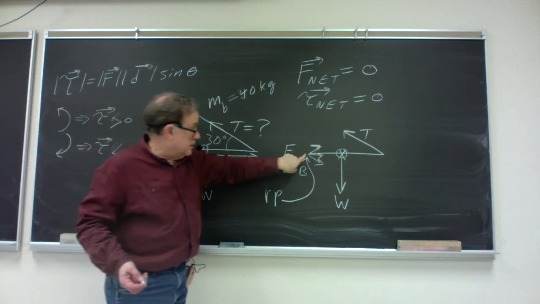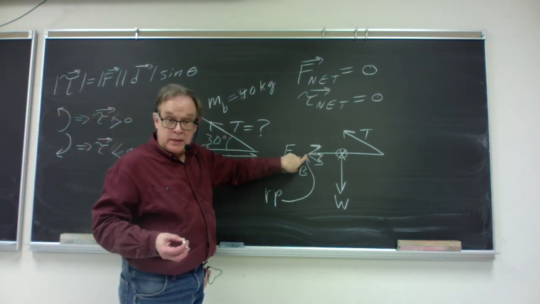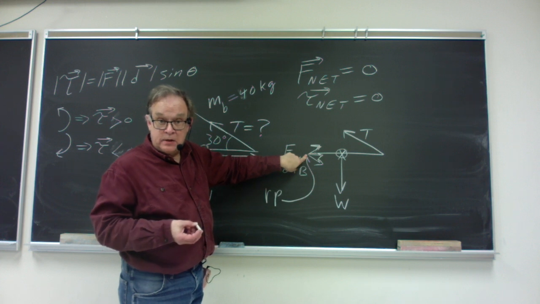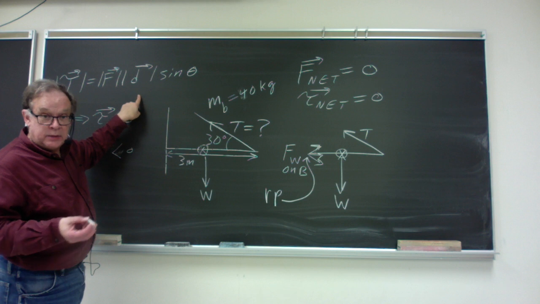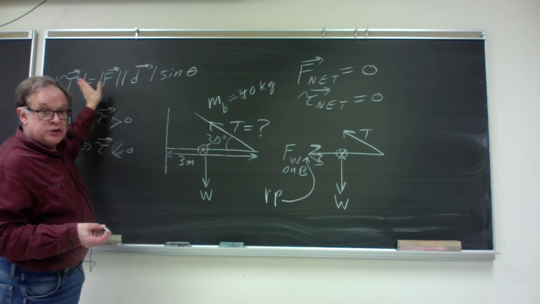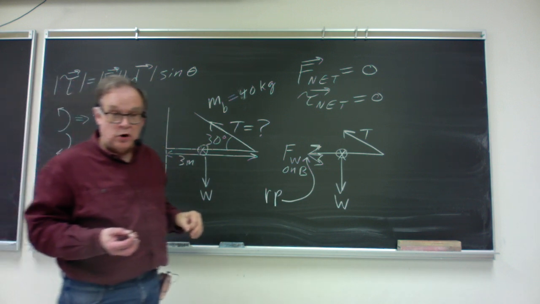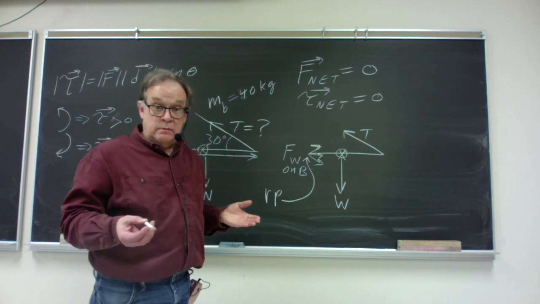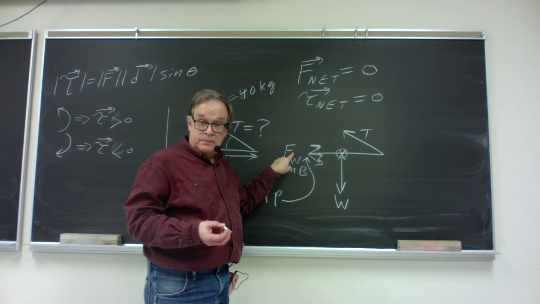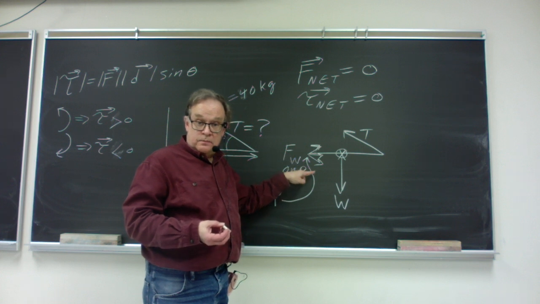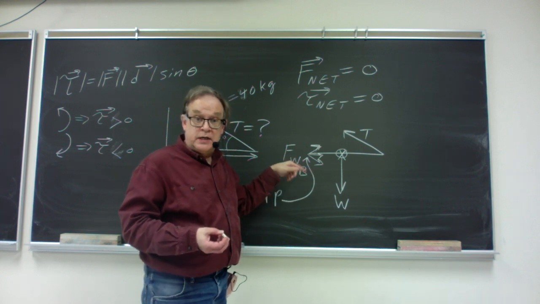But here, the reference point is right at the same point where the force is acting. So the distance between the reference point and the point where the force is acting is 0, so that force produces 0 torque.